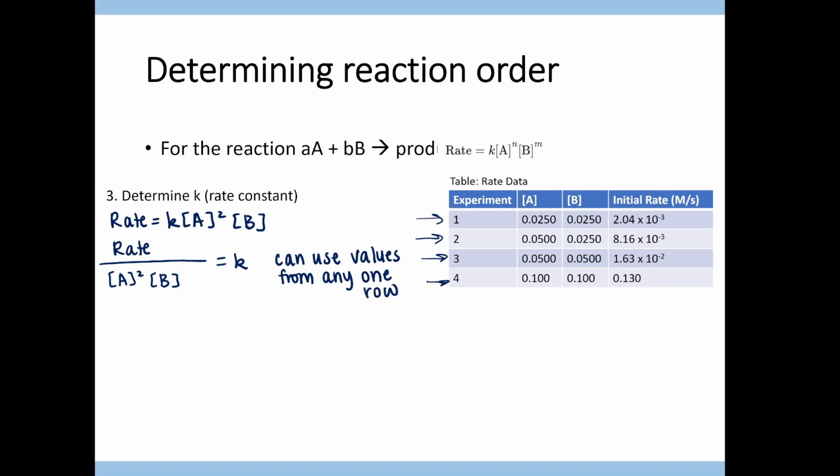It shouldn't matter. You should be able to use any row and you'll get the same K value. So experiment 1, the rate is 2.04 times 10 to the negative third molarity per second. Concentration of A is 0.0250 squared. Don't forget to square it. Concentration of B is also 0.0250 molar.